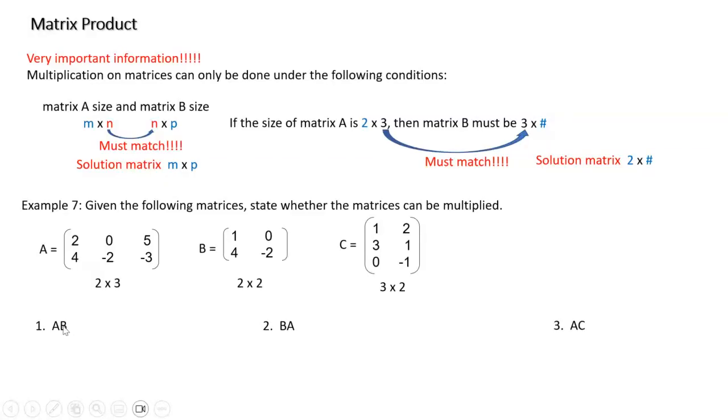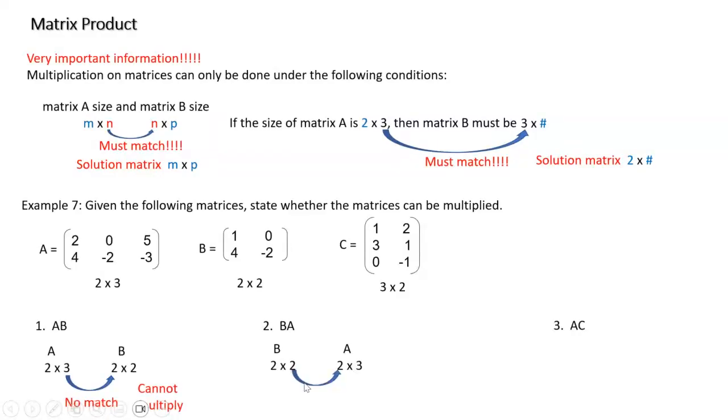So for number 1, it is not possible. Why? Because matrix A is a 2 by 3, and matrix B is a 2 by 2. Right? The two in the middle numbers do not match. So this cannot be done. Now let's try number 2. Matrix B is a 2 by 2, and matrix A is a 2 by 3.